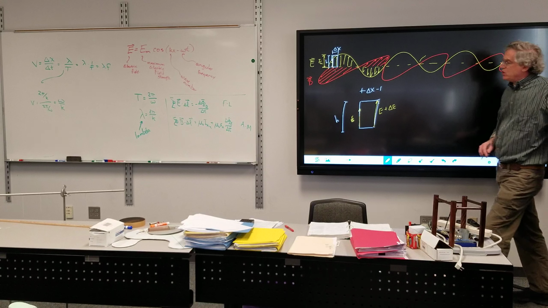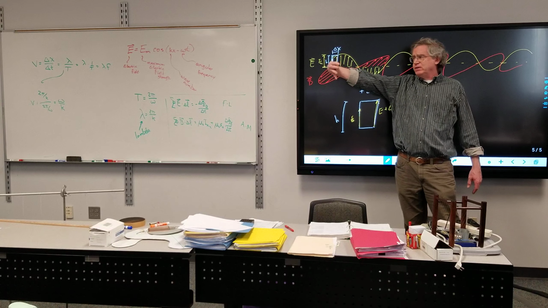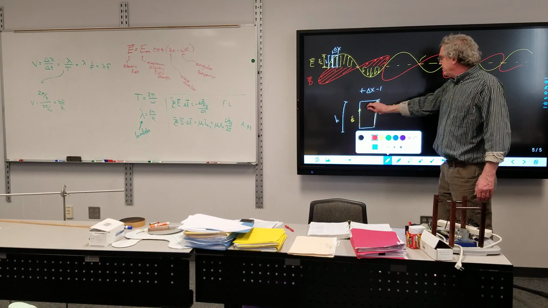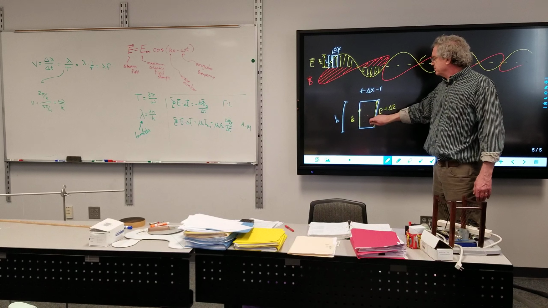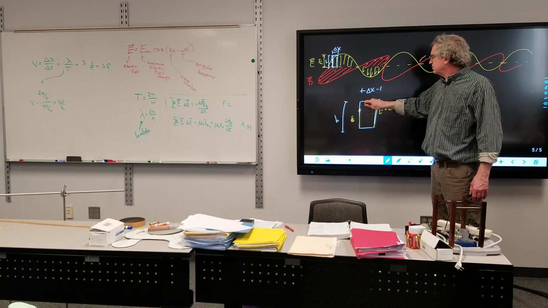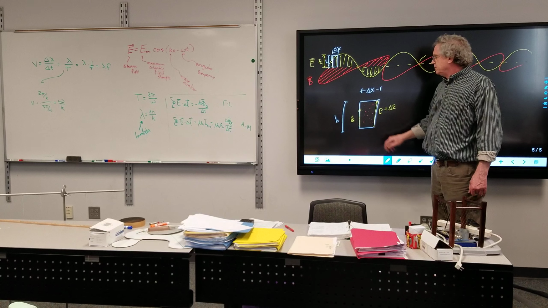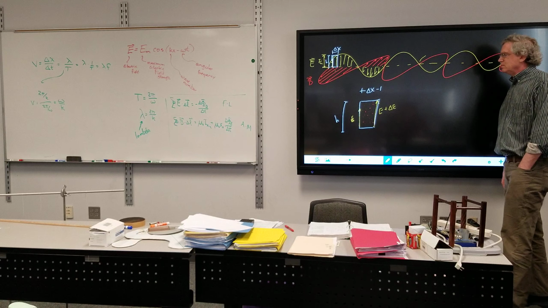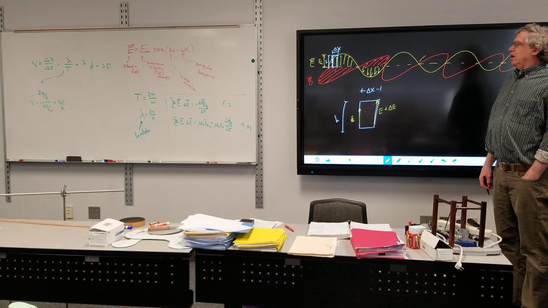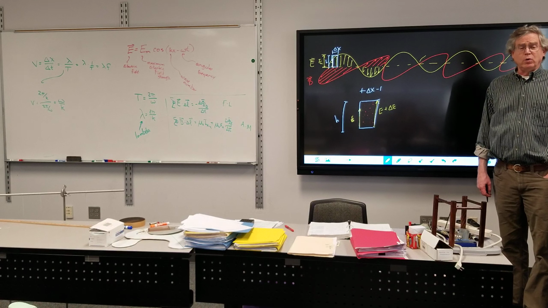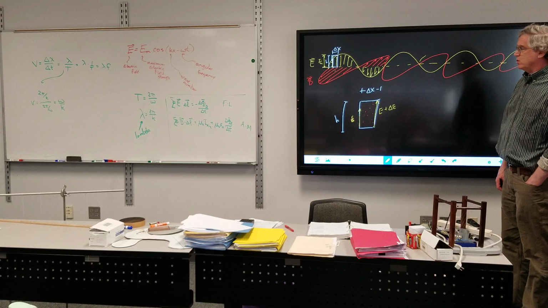Now, at this location, when my electric field is going up, my magnetic field is coming out of the board. Now, we're going to do a loop, and the question is, in which direction do we take the loop?